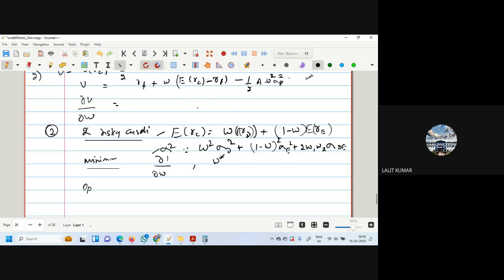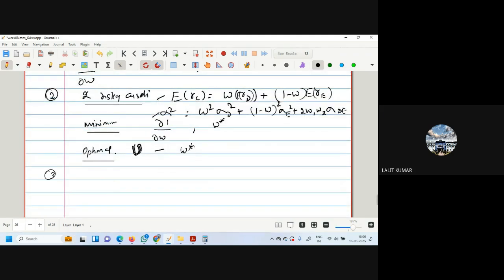Second question, they ask for optimal. So in the optimal, they will give you a utility function. So again, you can put in the utility function and find the best W star. Okay. Third part is that you have one risk-free and two risky assets, and you have to find the weights. So in this, the steps are: consider only two risky assets, calculate their weights W1 star and W2 star, then find ERC, find sigma C square.